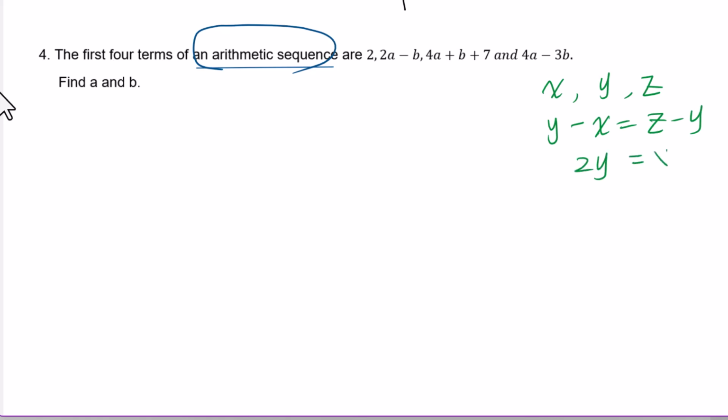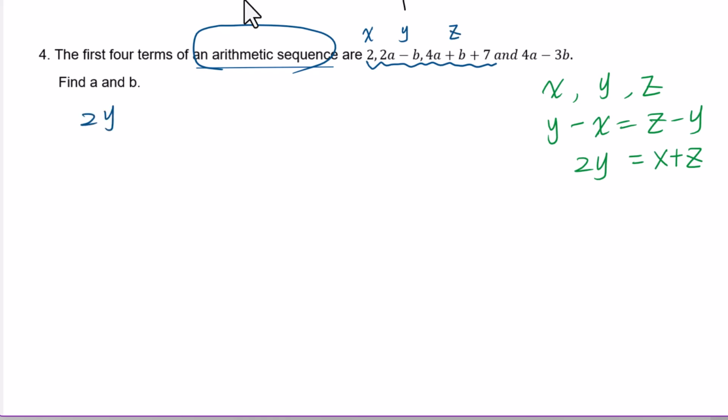So we have 2y equals x plus z. We will use this formula to work out this question. For the first three terms, this is x, this is y, this is z.